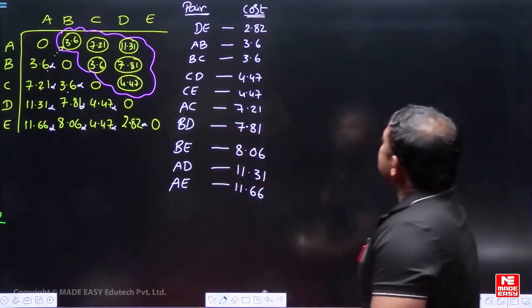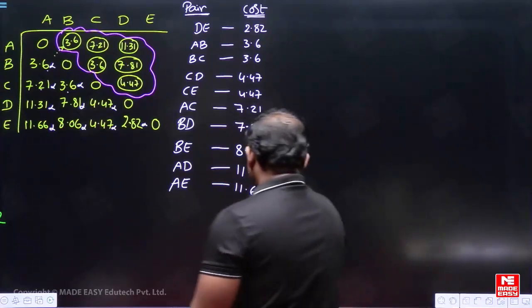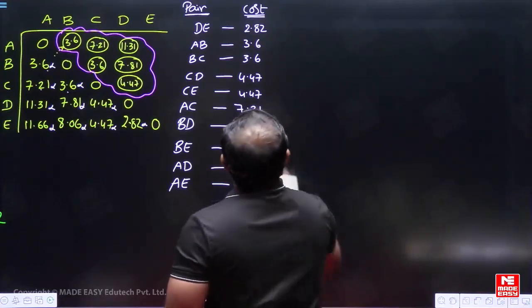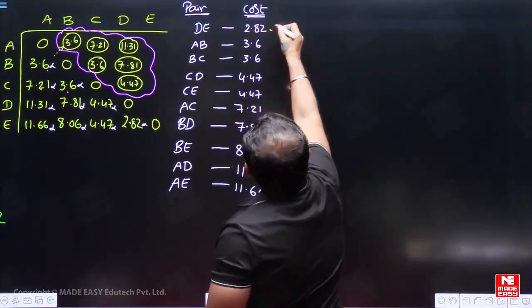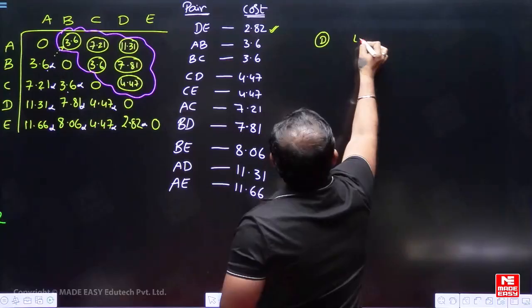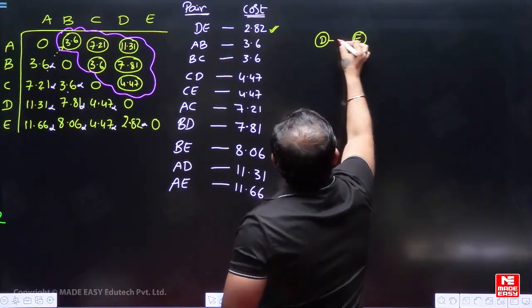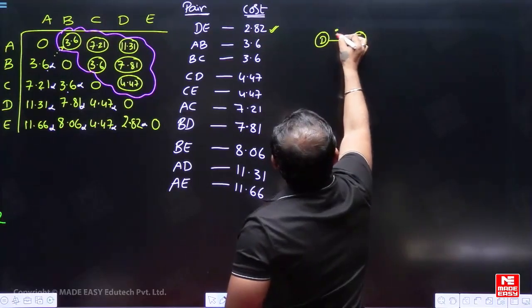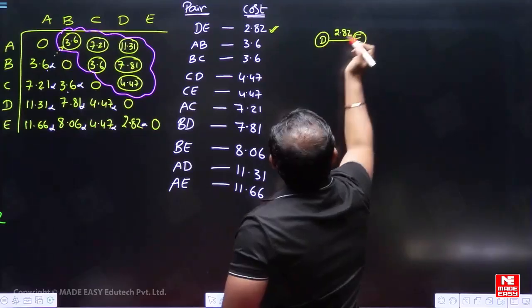All right. So now we are preparing the MST, minimum spanning tree. DE, by taking the lowest cost: this is D, this is E, an edge is formed between the two with cost 2.82.